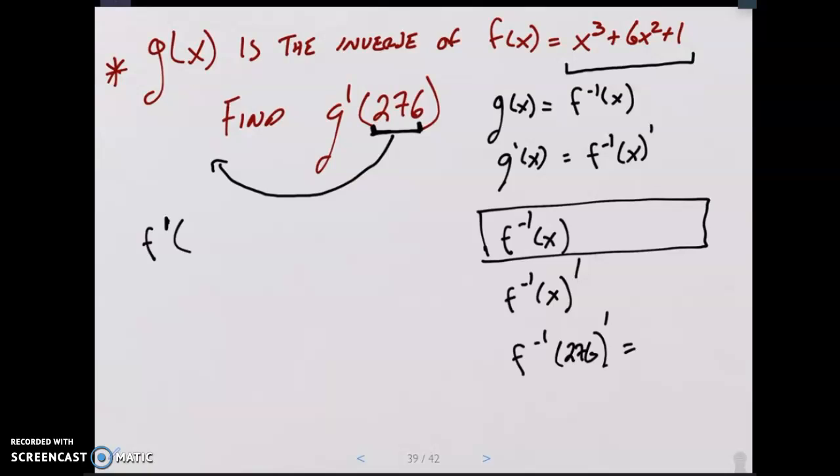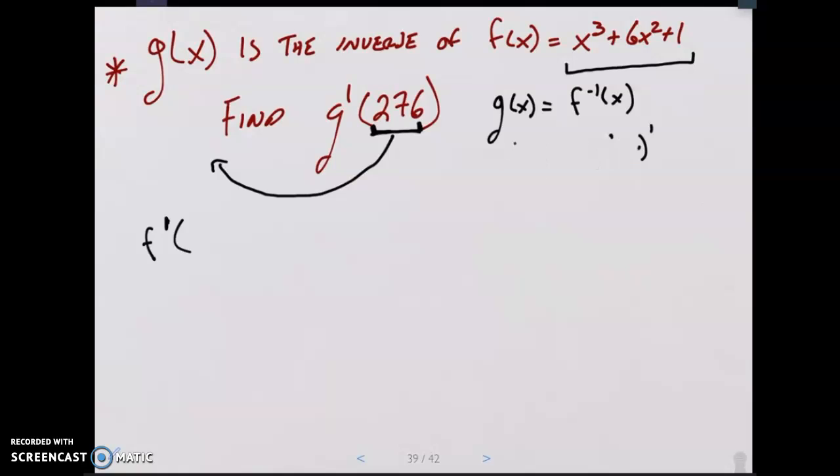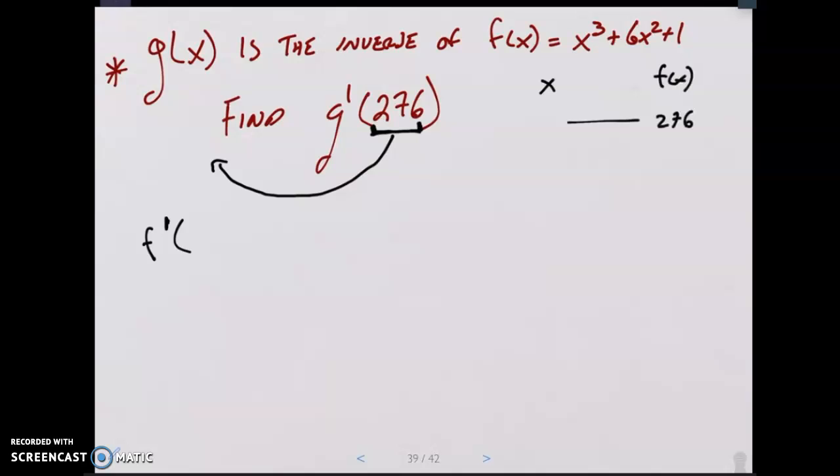Well, if you look at the chart here, I have my domain of F, and I have my range of F, we'll call it F of X. 276 gets mapped back to 5. So what I can do is find the derivative at 5 and then flip it, and that will be equal to this right here.